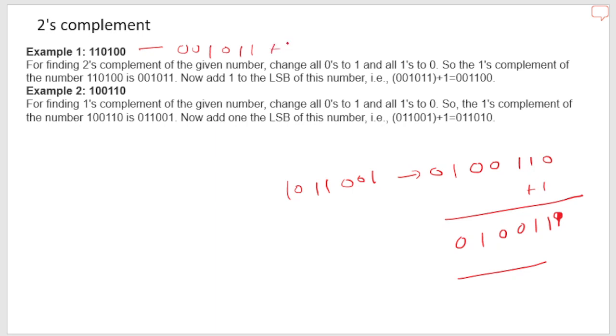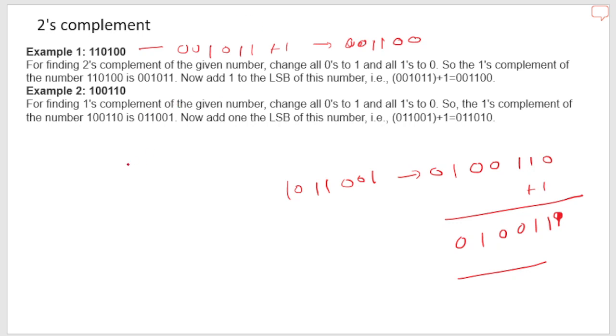Okay, now we will add 1 to this, so 1 1 0, carry 1, 1 1 0, carry 1, then 1 0 0. Okay, like that we have to do. So it is the 2's complement of that.